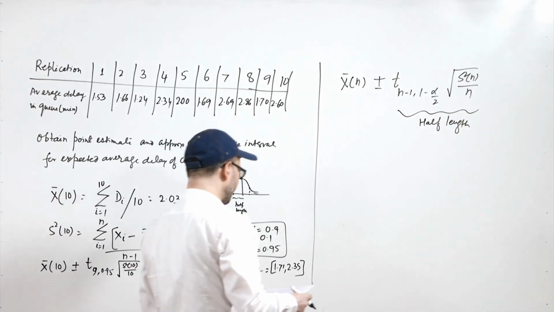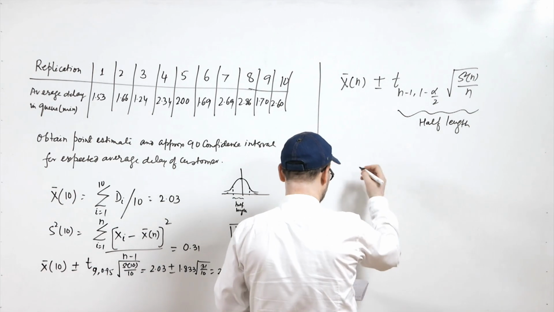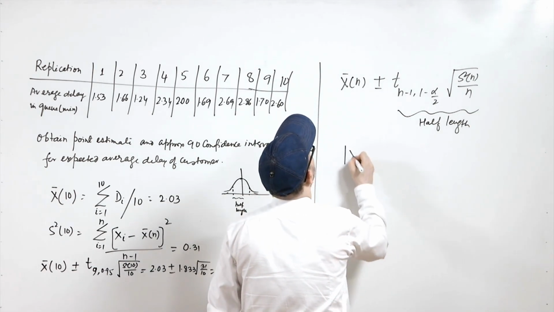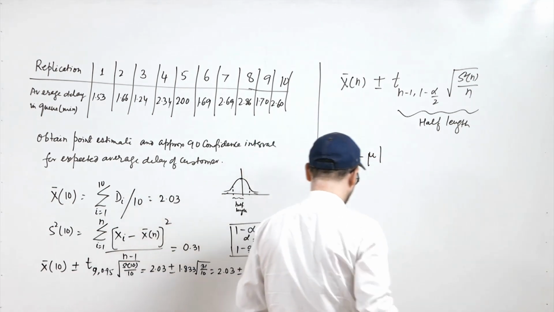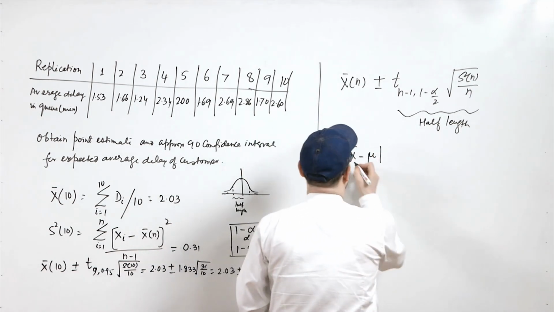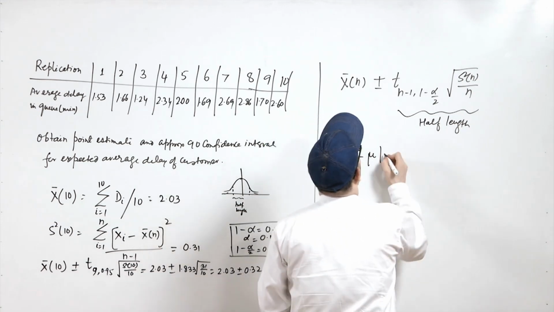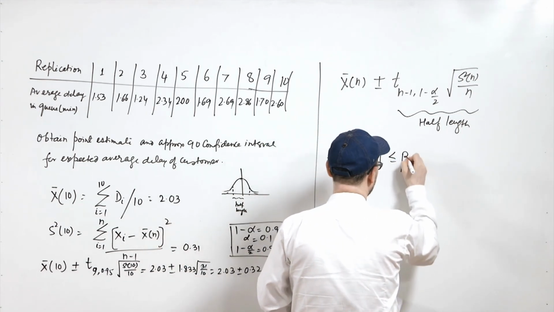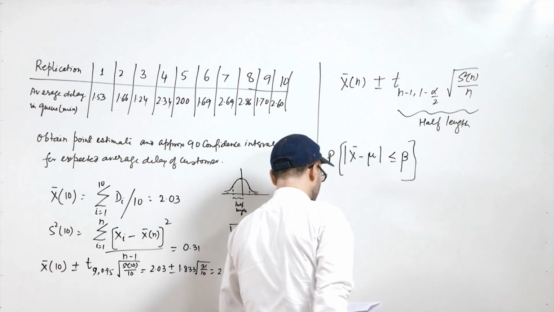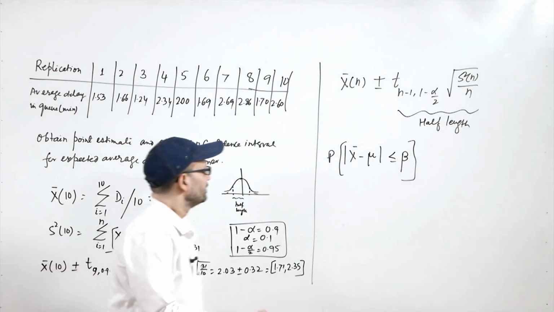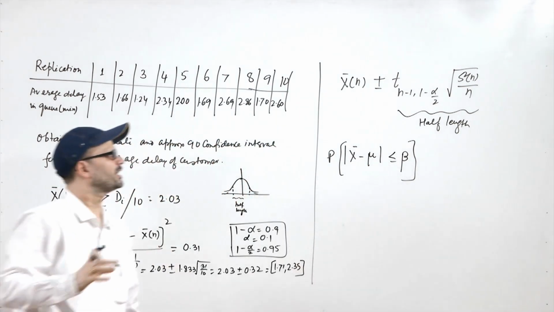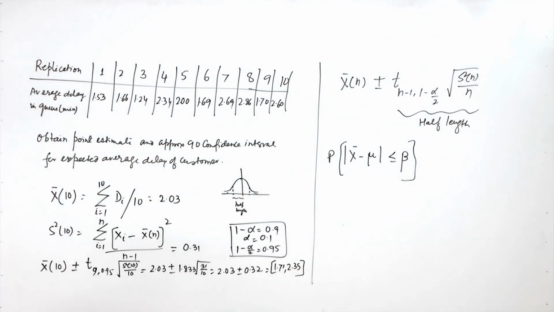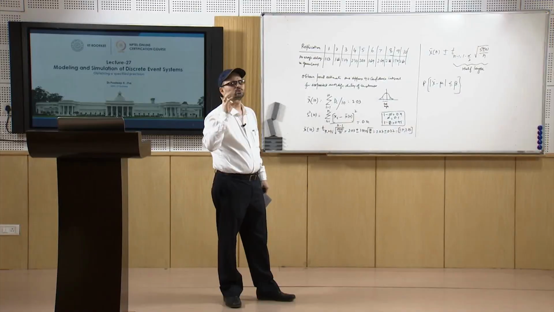So, what we see here is that in this case you have x minus mu. In that we have the probability that the absolute value of x bar minus mu is less than or equal to beta. This beta is specified, and it should be less than or equal to beta.